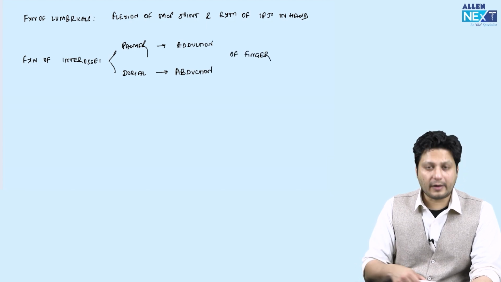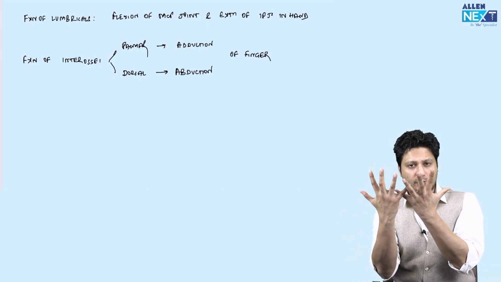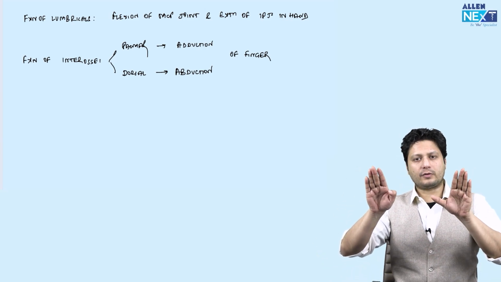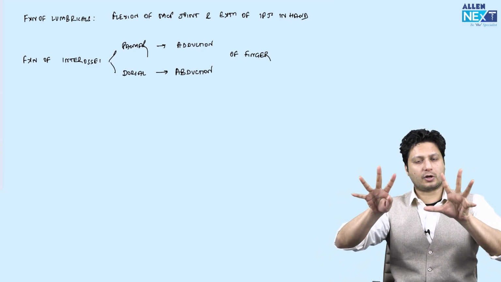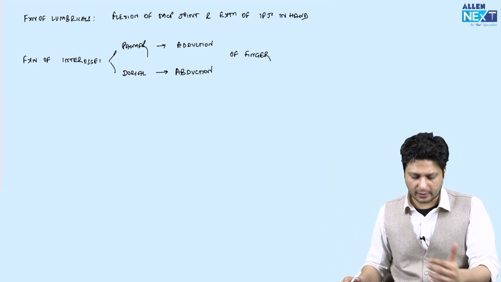When all the fingers are brought together, it is adduction of the fingers. When all the fingers are abducted together, meaning separated from each other, it is abduction of the fingers. So adduction is a function of palmar interossei, abduction is a function of dorsal interossei.